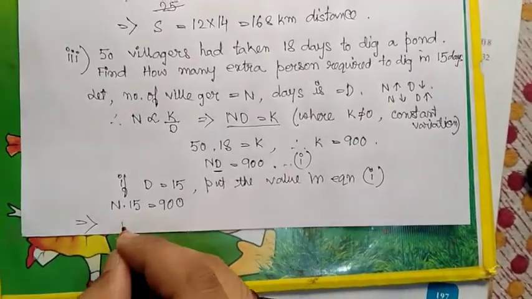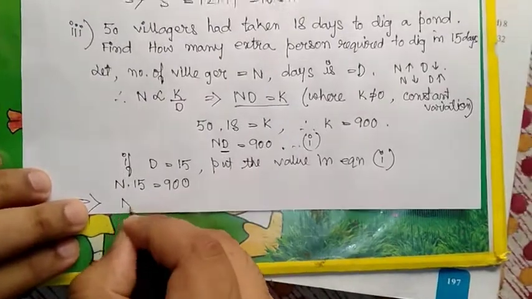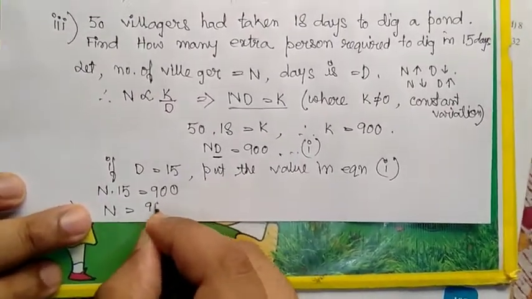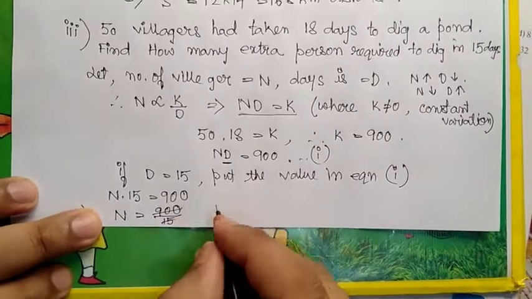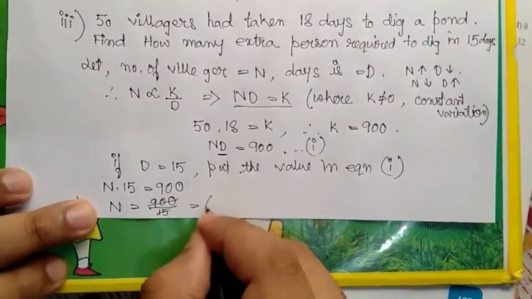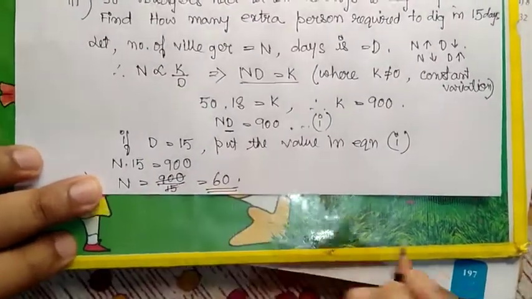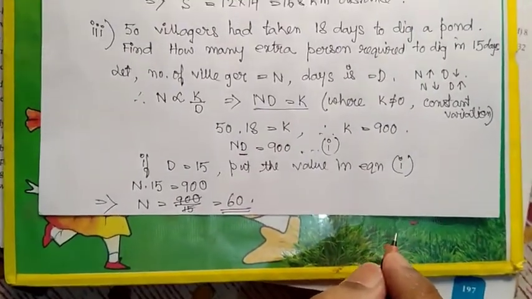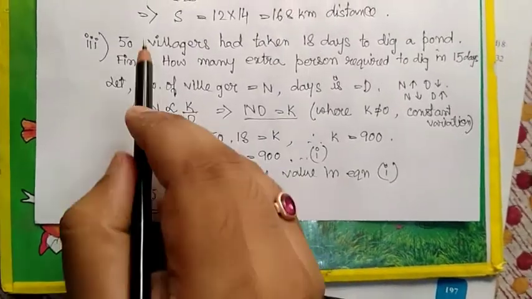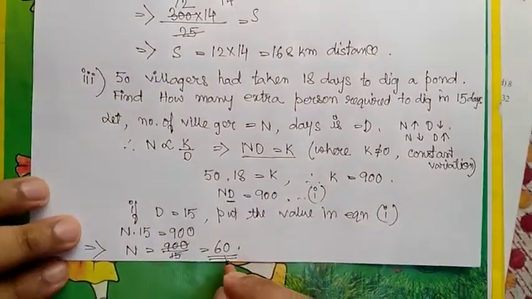So therefore, n equal to number of persons equal to 900 by 15 equal to 60.